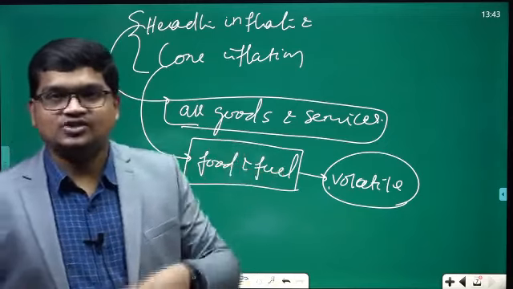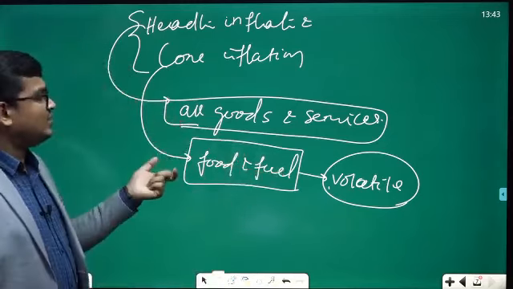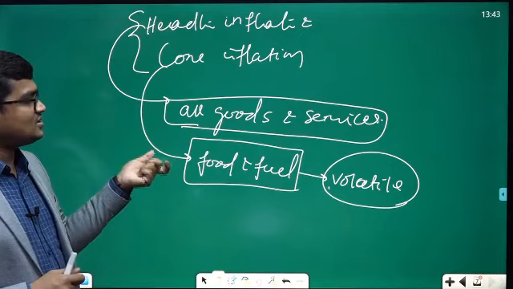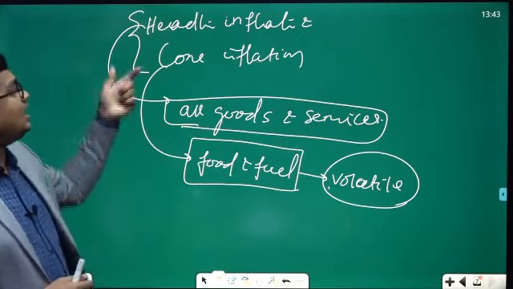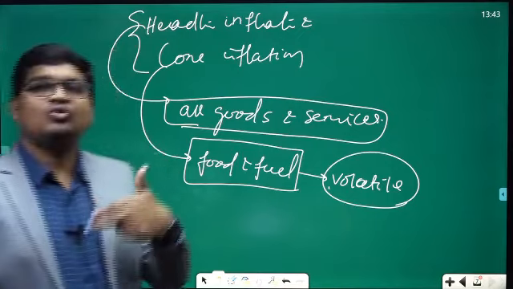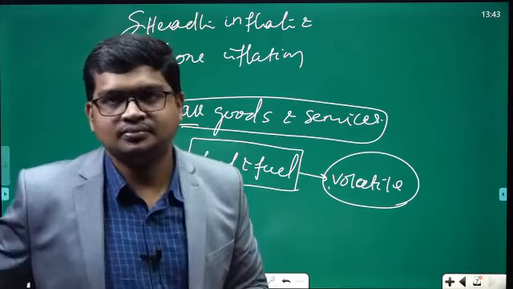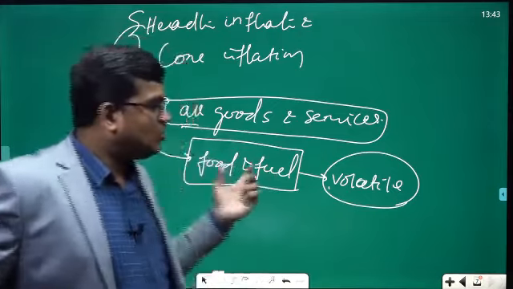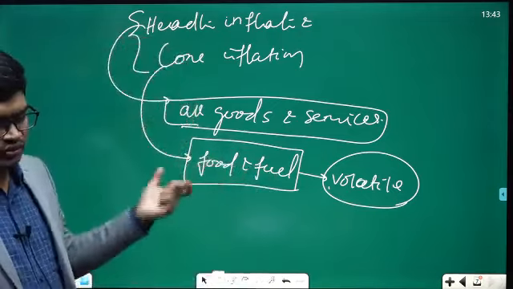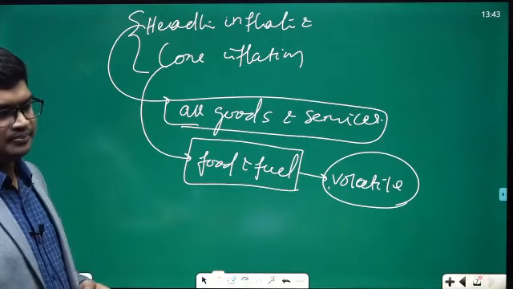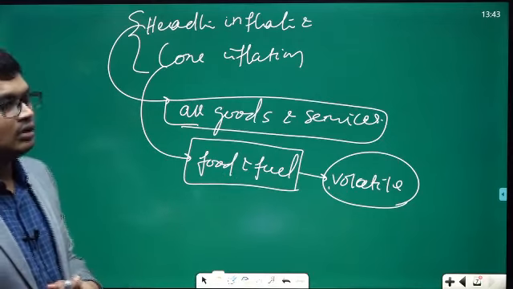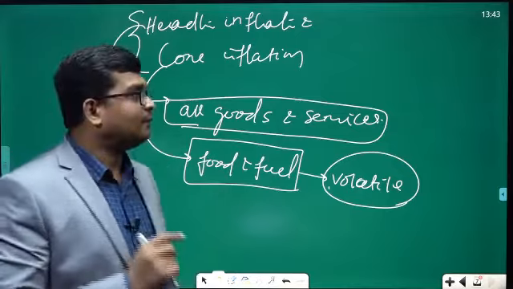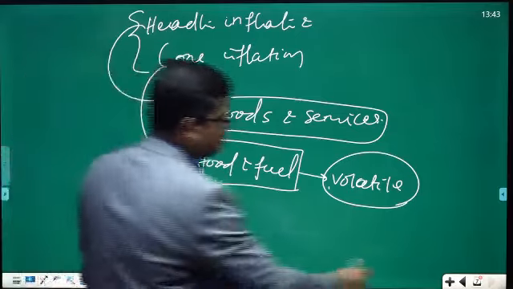That's why core inflation is less volatile and headline inflation is more volatile, because core does not include fuel and food items. Clear? Now, moving to the next segment, inflation targeting.